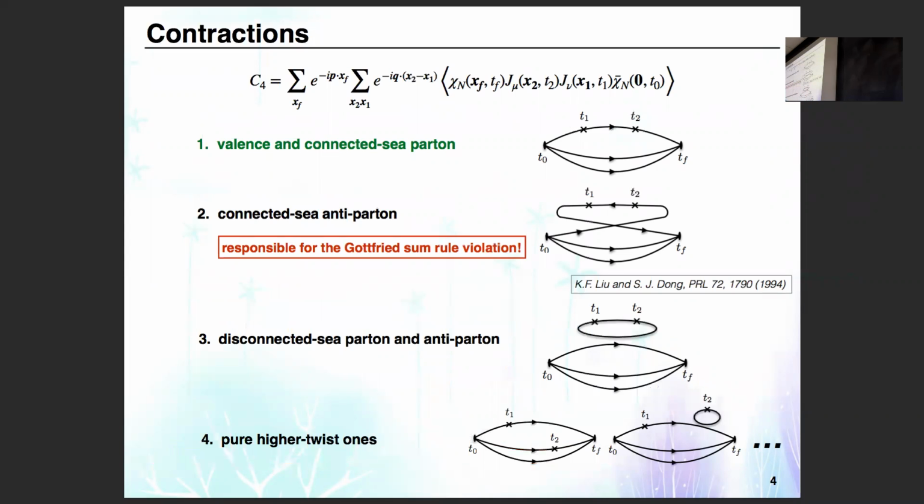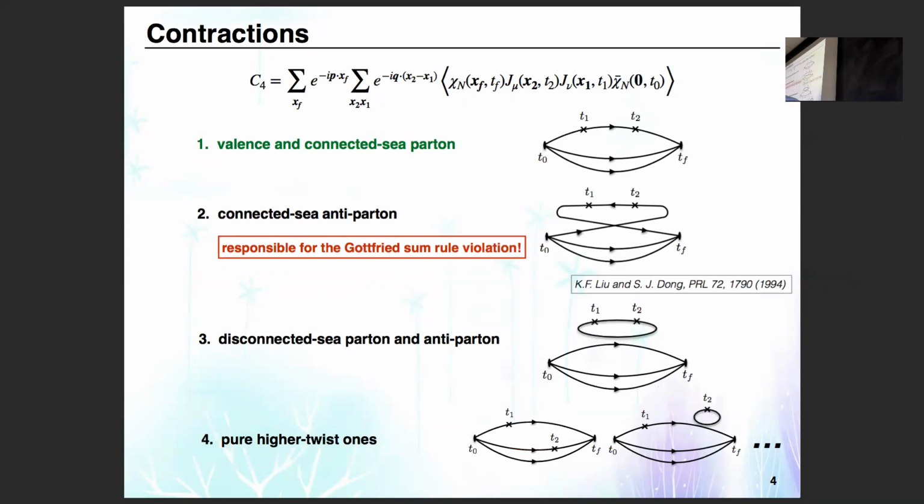For example, the first contraction is just the two currents on one parton line, which we call the valence and hadron contribution. And for the second one, the two currents are on a quark line that is going backward, which we call the connected sea anti-quark contribution.